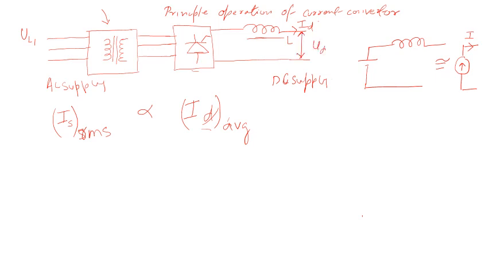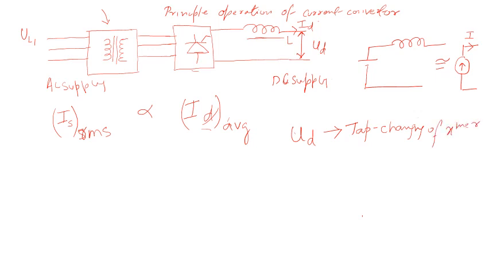U of D. Now, this is your U of D. How can you control U of D? U of D can be controlled two ways: by changing the tappings of this transformer, so you can change the tap changing of the input transformer.